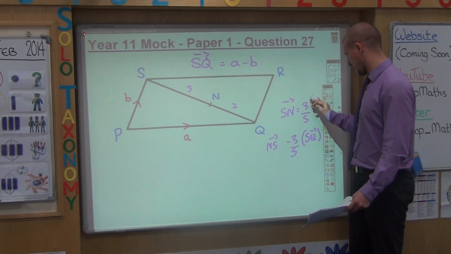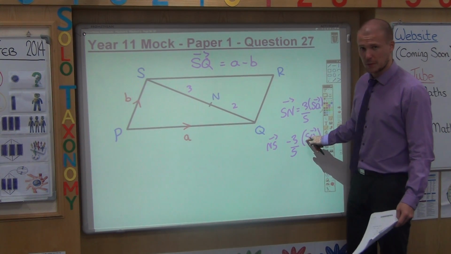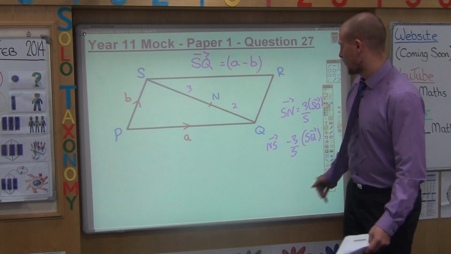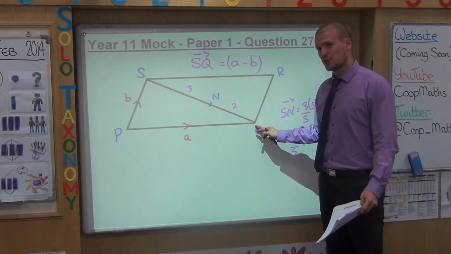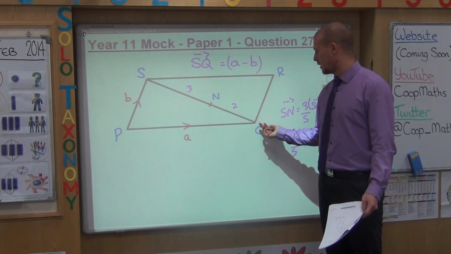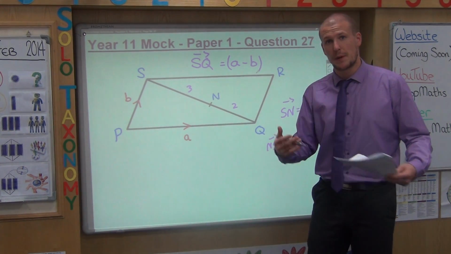Don't really need that bracket there, but of course, the fact that you've got 2 values here means you will. N to Q is going to be 2/5 of SQ, because it's going in the same direction, whereas if you went from Q to N, it's going to be minus 2/5 of it.